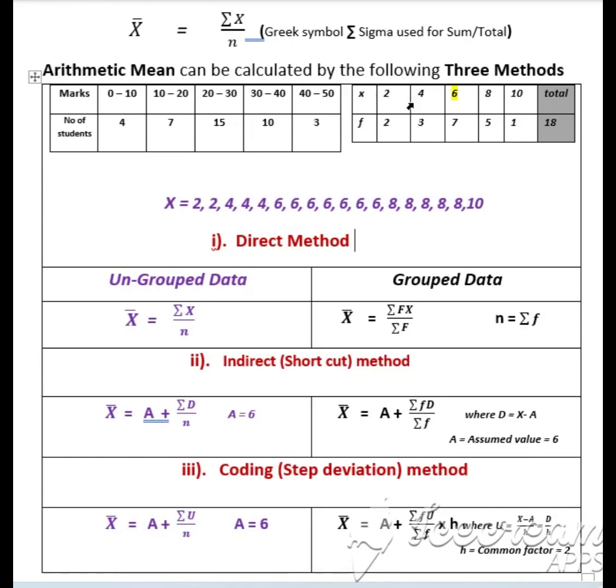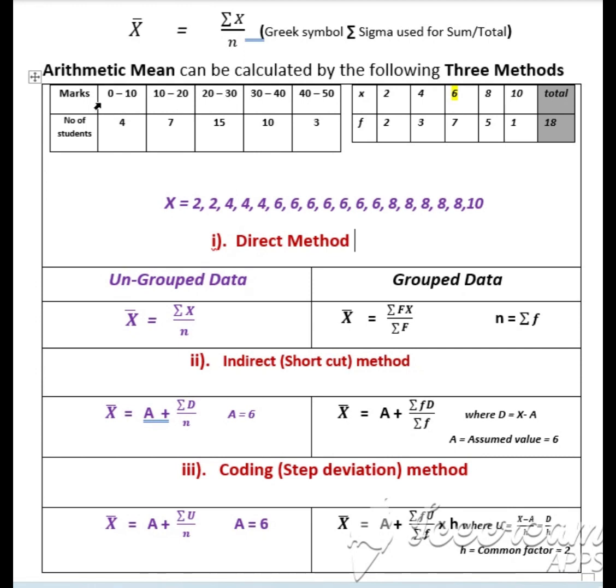In discrete data, for example, x can assume 2, 4, 6, 8, 10, and so on, these types of specific numbers. These are one kind of group data, and the other kind of group data is this. For example, the marks of students that range from 0 to 10, 10 to 20, 20 to 30. This type of data is also a kind of group data.